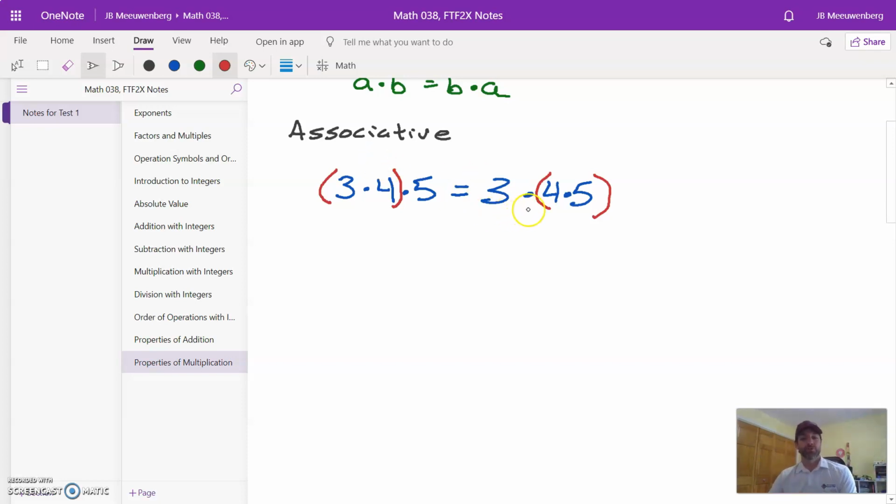And then you can do 3 times 20, which is 60. That might be easier to do in your head.